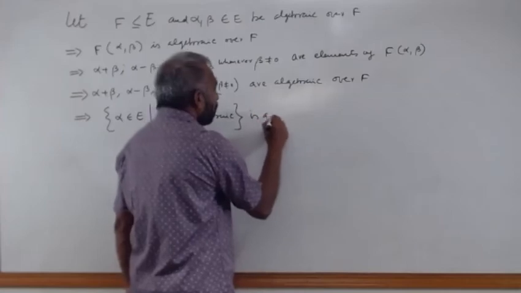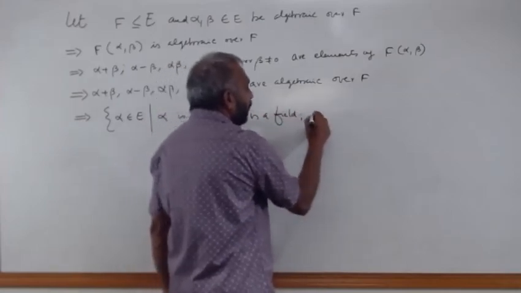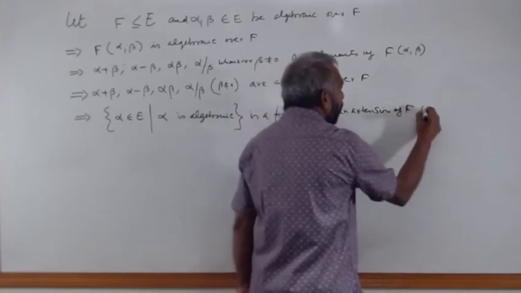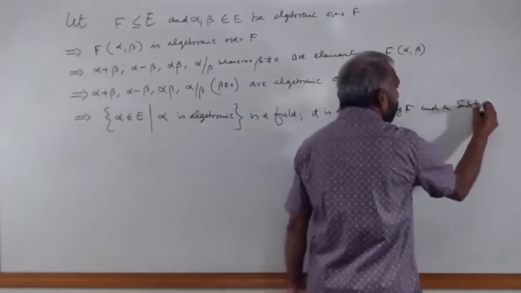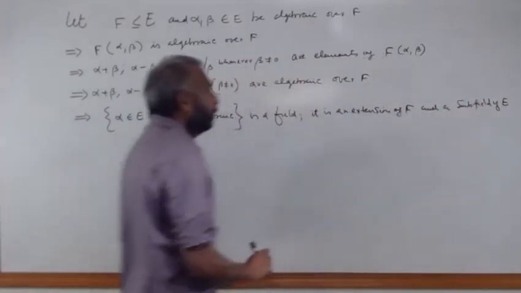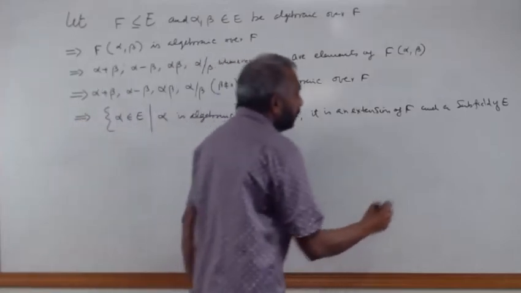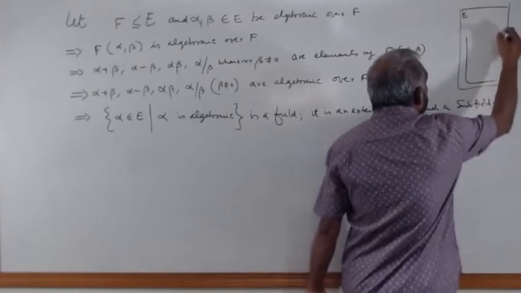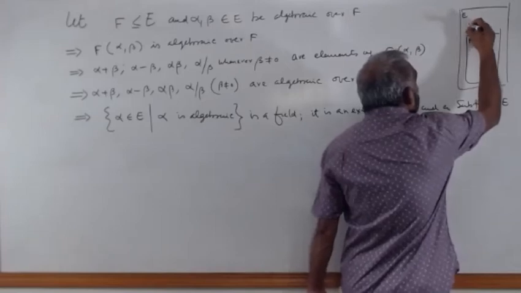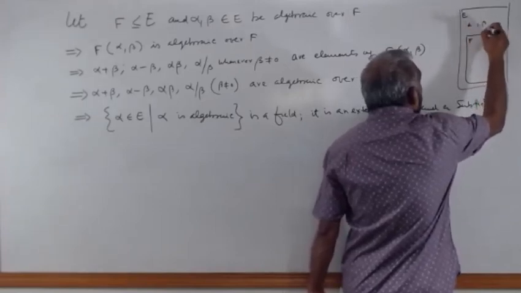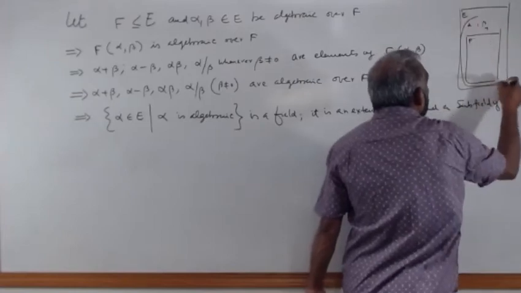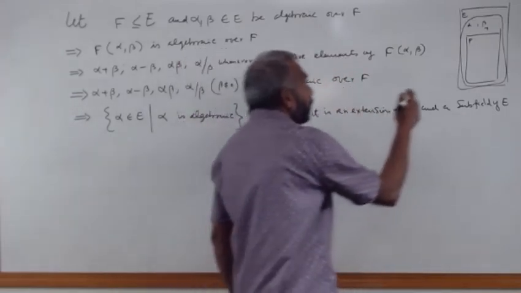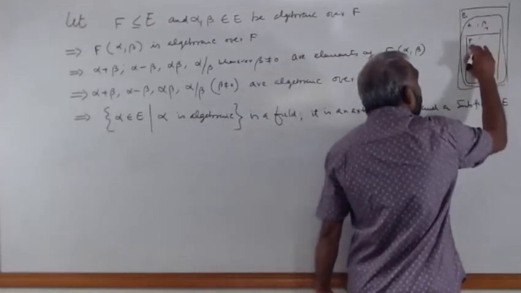is a field, and it is an extension of F and a subfield of E. So if you take the diagram E, F, those elements that are algebraic, if you consider all these algebraic elements and the smallest field containing them, or the smallest collection that contains F, beta, gamma, and it is a field.